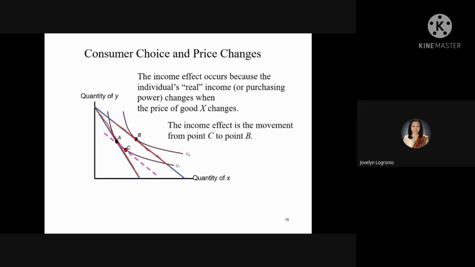Then by the income effect, the movement from point C to point B, the quantity of X further increases. So that's the income effect. All in all, the total effect is from point A to point B. That's the total effect: substitution effect plus income effect. So that is the total effect for good X as its price changes.